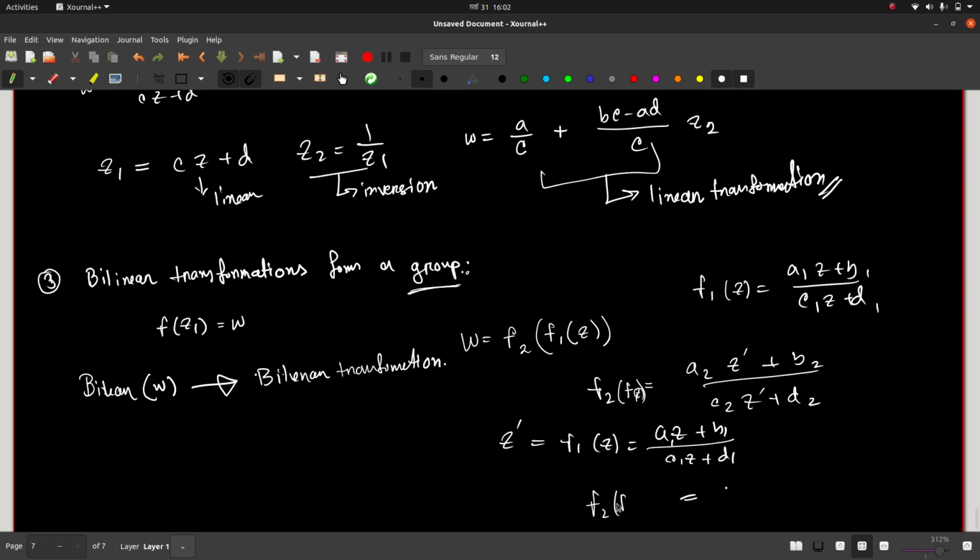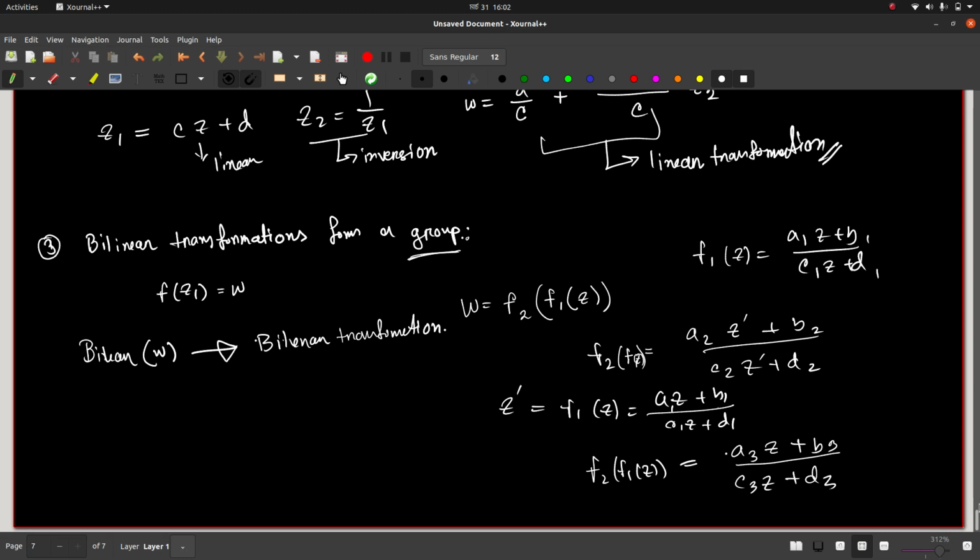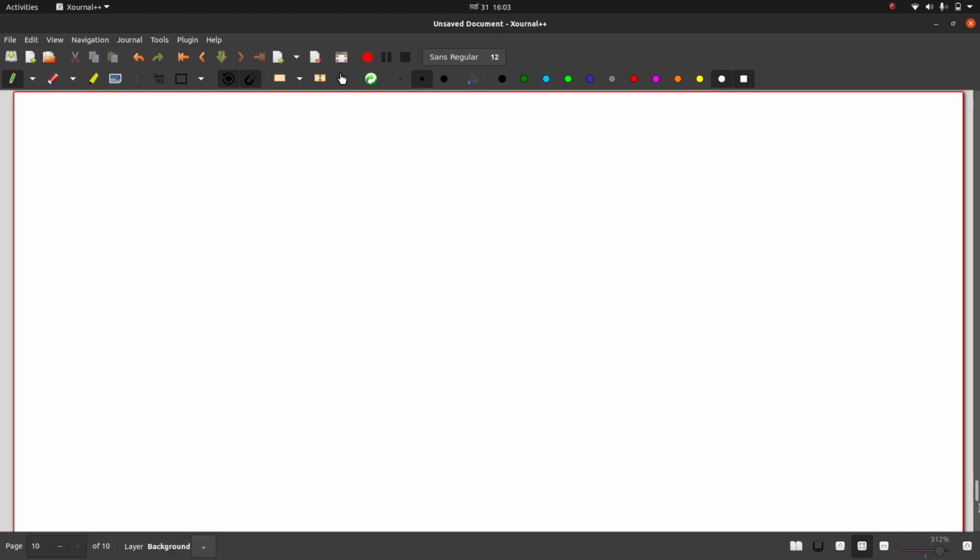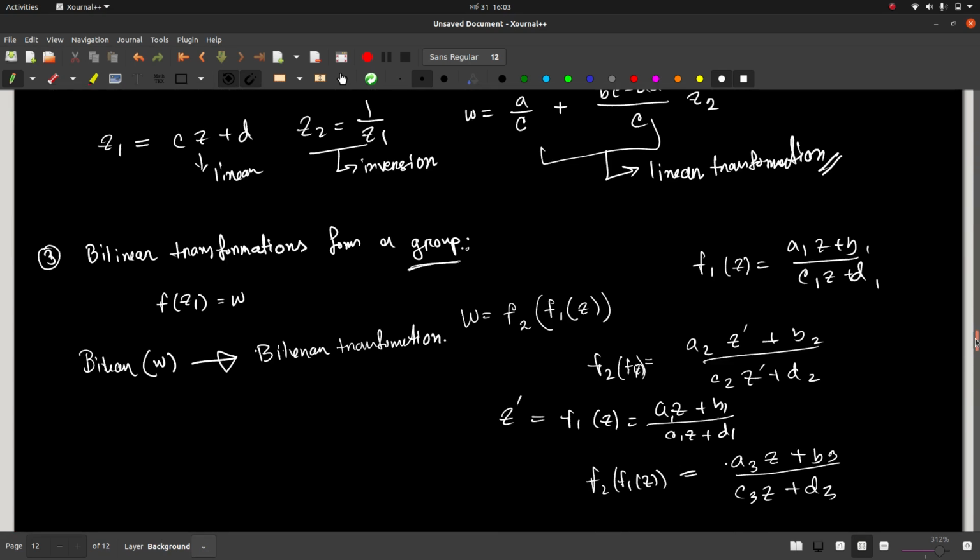This is f2 of f1 of z, and you should get some a3 that will come in terms of a2 and a1, z plus b3 over c3 z plus d3, like this. And they also have existence of inverses as well, and that also motivates to represent bilinear transformations with matrices.